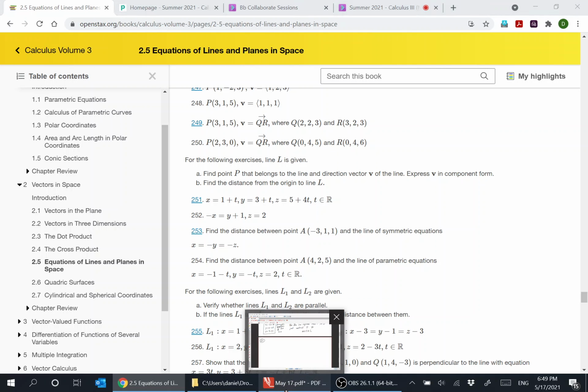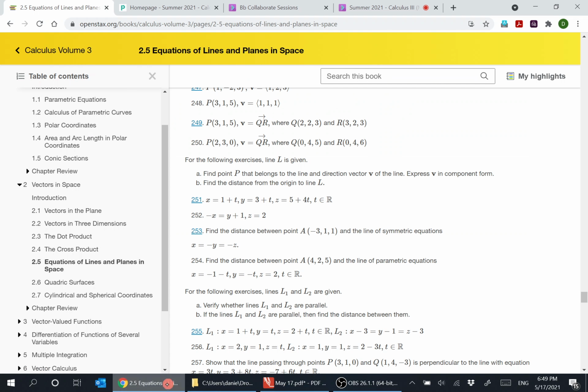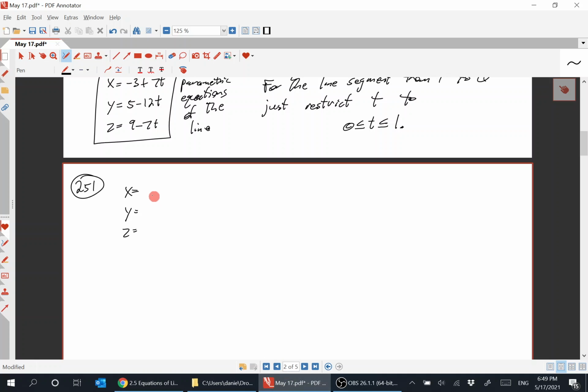251. See, they give us these parametric equations. So x, y, z. So x is minus 1 minus t. Right, so the slope vector of the line, or direction vector as they're calling it, what is it going to be?